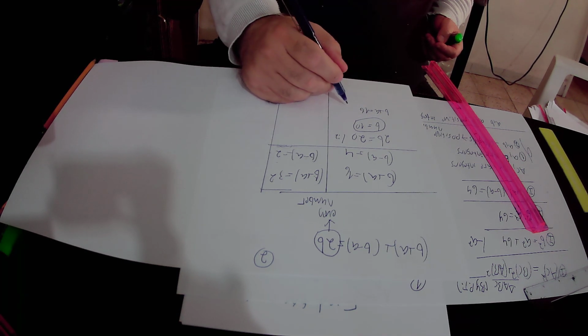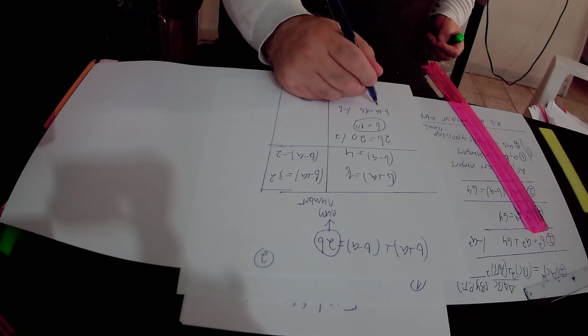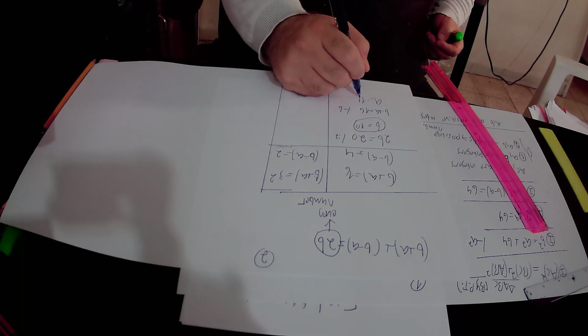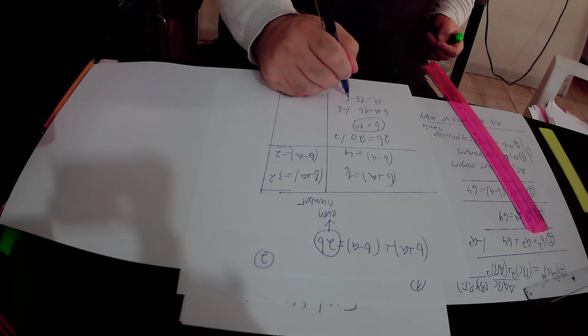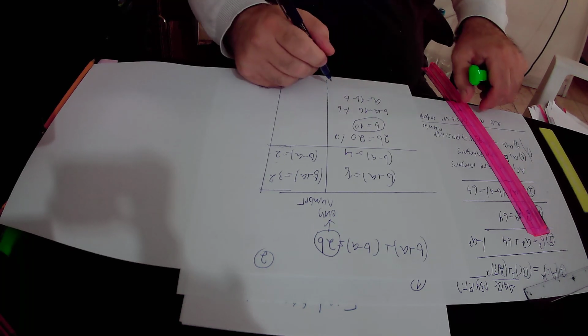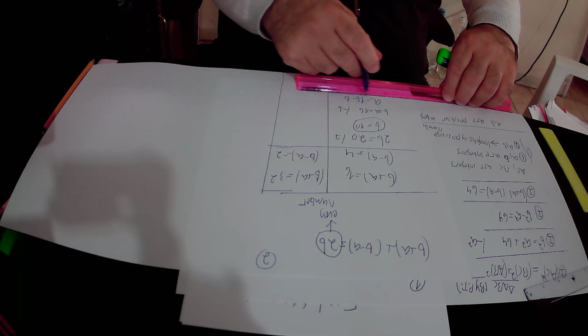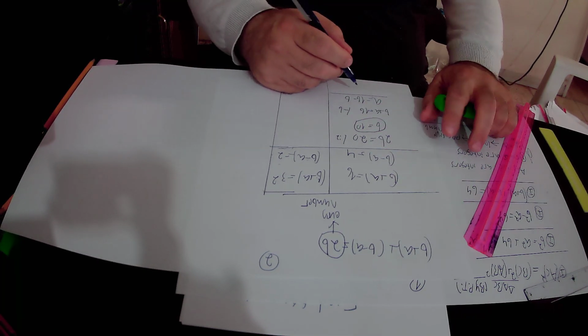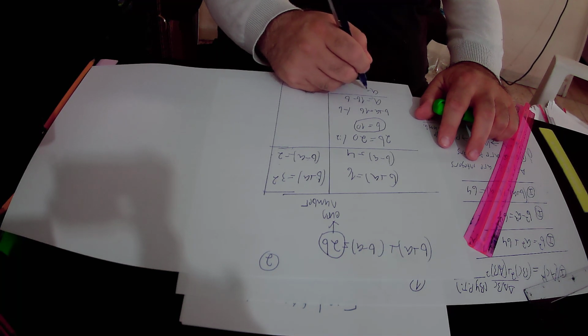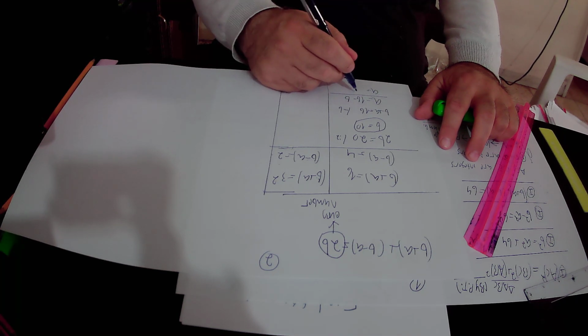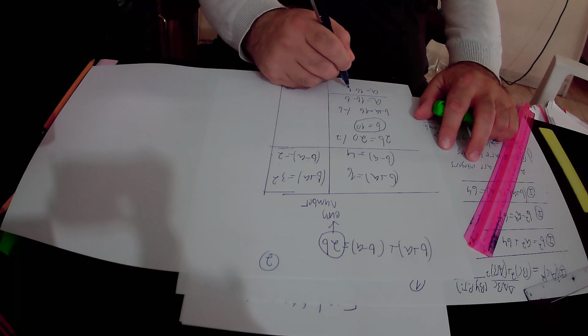Here we subtract b from this equation, and we get that a equals 16 minus b. We have already found that b equals 10, so we can write a equals 16 minus 10, that is 6.